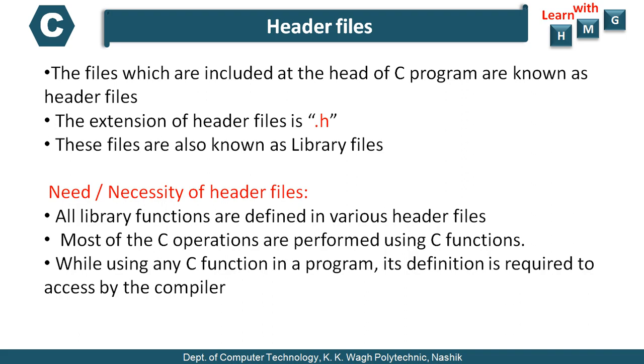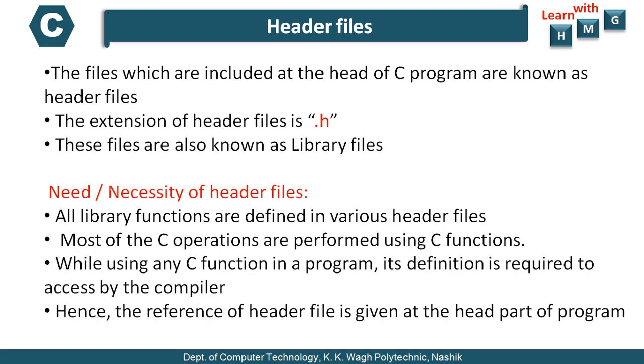Only the function name is specified, but its complete definition, that is the complete task assigned to that function, is not available in your program. It is available in the header file, and that header file should be known to the compiler, and that's why its reference is given in the header part of your program.